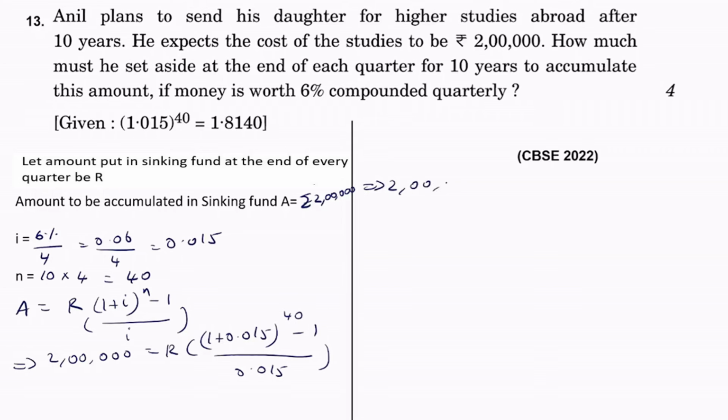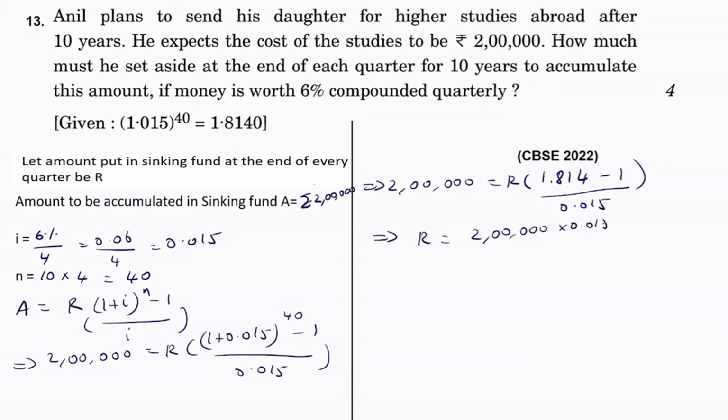Or we have 2 lakh is equal to R into, here 1.015 whole raised to 40 is 1.814, 1.814 minus 1 upon 0.015. Or we have R is equal to 2 lakhs into 0.015 upon this 1.814 minus 1, which is 0.814. So this is 3000 by 0.814.